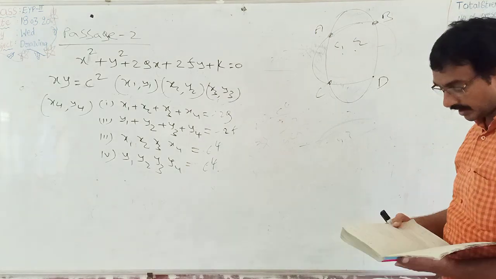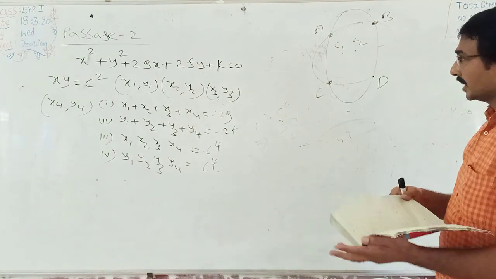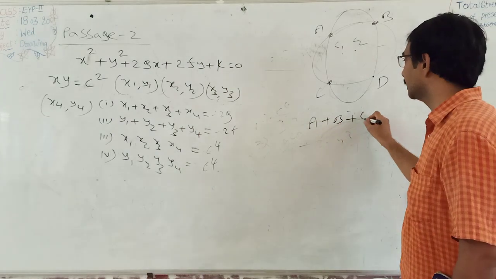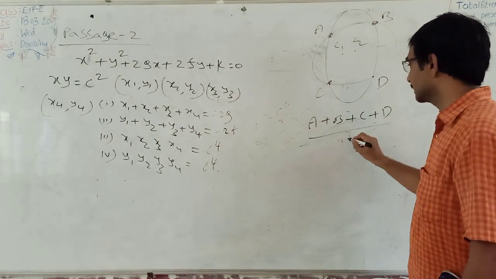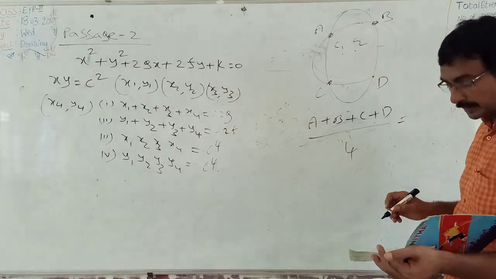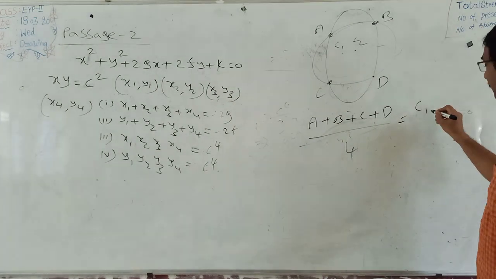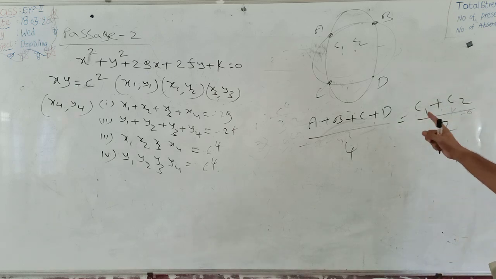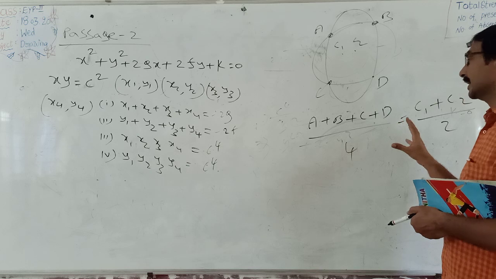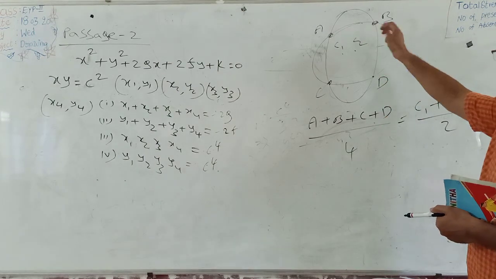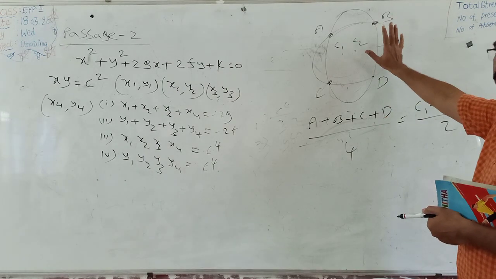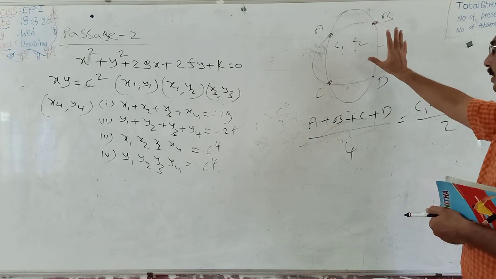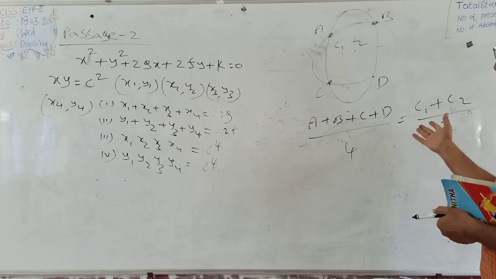The center of gravity of ABCD means the arithmetic mean, (A plus B plus C plus D) by 4, and it equals the mean of the centers, which is the arithmetic mean (C1 plus C2) by 2. This is the formula. It can be applied to any second degree central conics. So, see the proof of this.